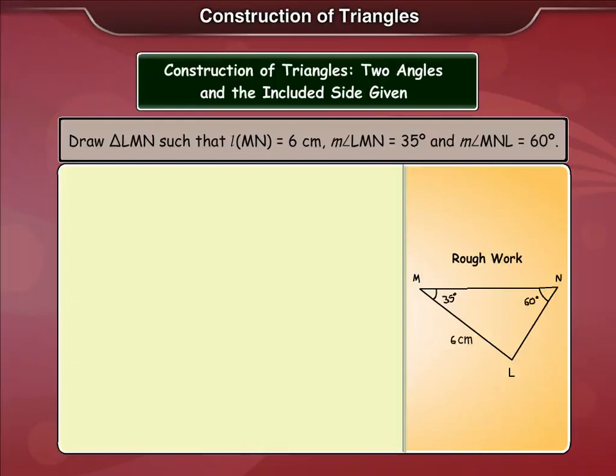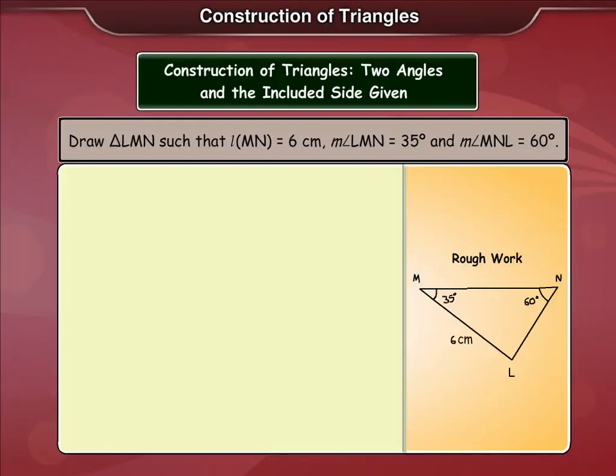Let's practice constructing a triangle when two of its angles and the included side are given. Draw triangle PQR such that the length of side QR is equal to 5.6 centimeters.